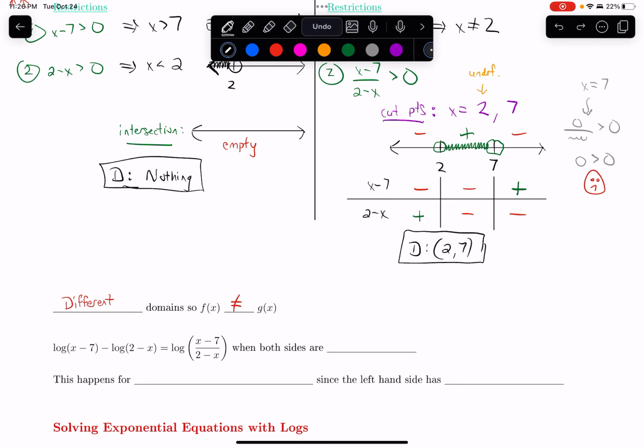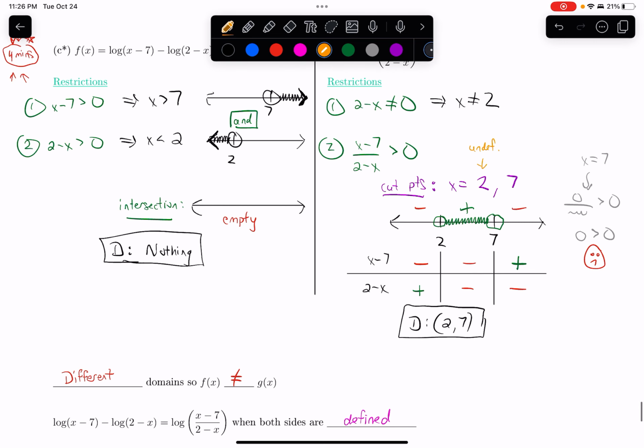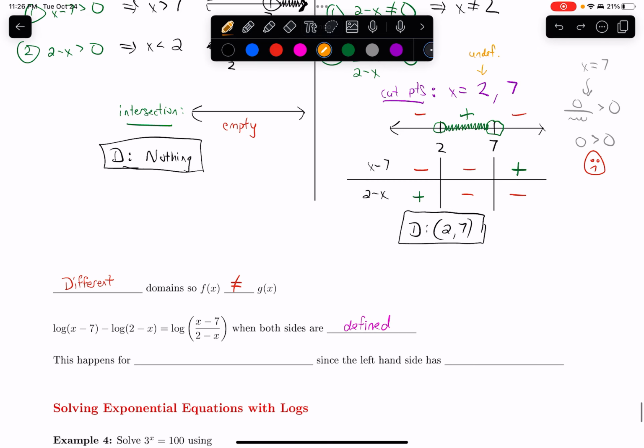Are they actually equal sometimes? To make them equal, both sides would have to be defined. And when does that happen? Are there any x values that work in this domain and work in that domain? Unfortunately, no, because the domain of this one is nothing.